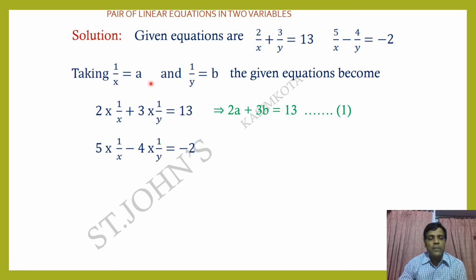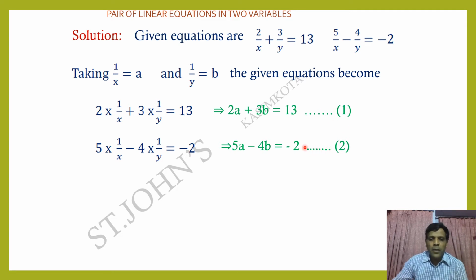Don't forget these two terms: 1/x = a and 1/y = b. Replace these two values: 5a − 4b = −2. This is the second equation. Now we have to solve these two equations, any one method.